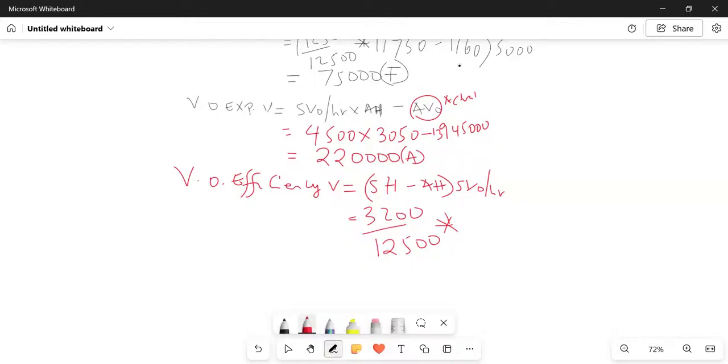Sababu, you see the actual hours ni ngapi kwanza? Niambie the actual. Was it 11,750? Okay. So times 11,750 minus actual hours are how many? 3050 times standard variable overheads per hour ambazo ni ngapi? 4,000.